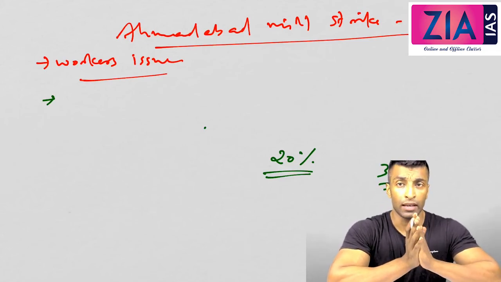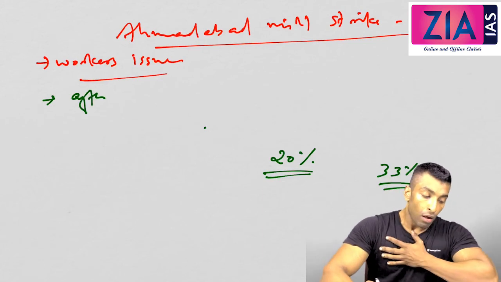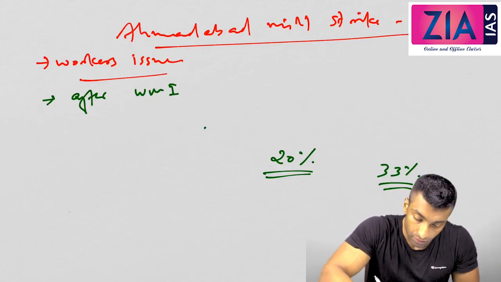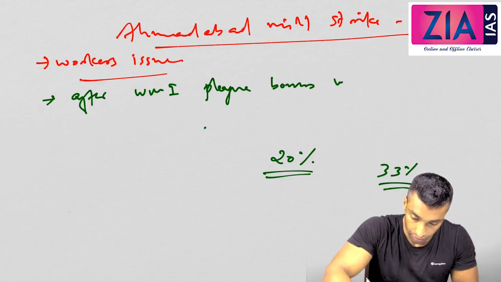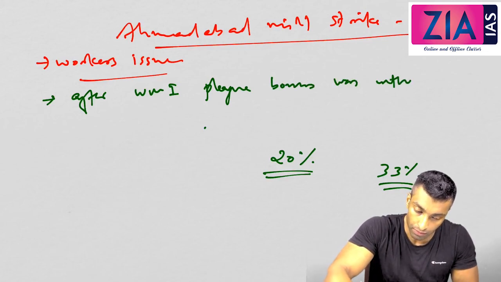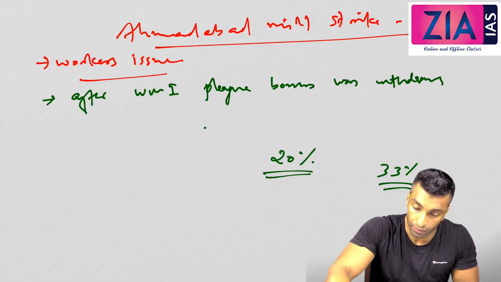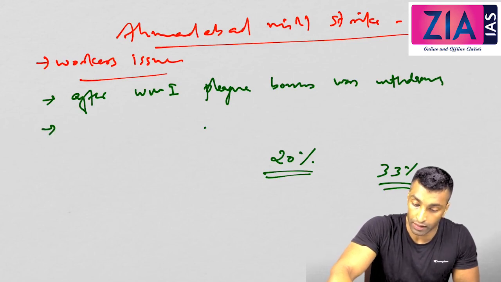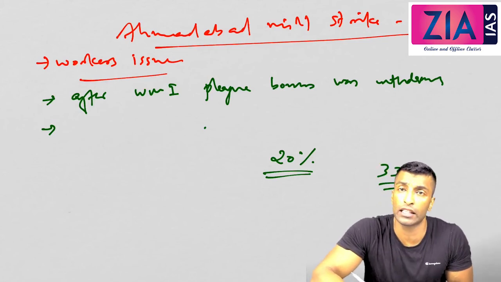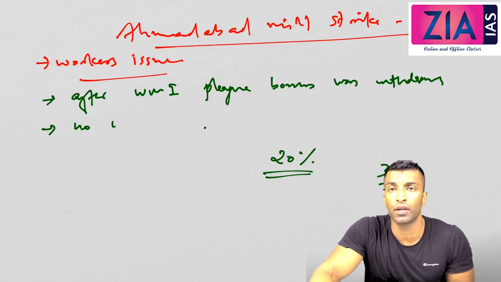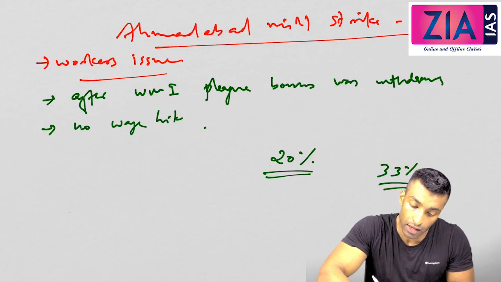Let me write down the important points and then we will wind up. After World War I, the plague bonus was withdrawn. Then the workers got no hike, despite the huge profit made by the capitalists.